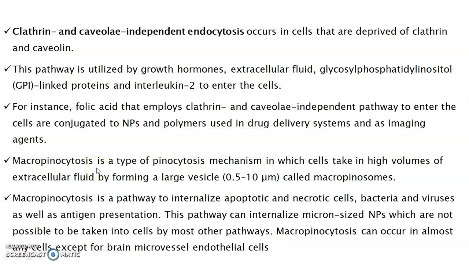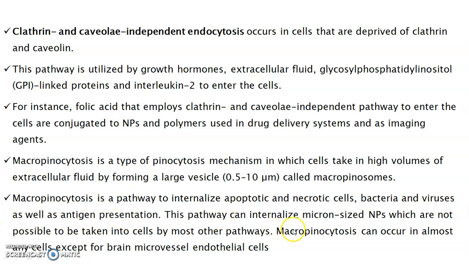Macropinocytosis is another mechanism. This is a type of pinocytosis in which the cells take in a high volume of extracellular fluid by forming a large vesicle of size 0.5 to 10 micrometers called the macropinosomes. Macropinocytosis is a pathway to internalize apoptotic and necrotic cells, bacteria and viruses, as well as for antigen presentation.